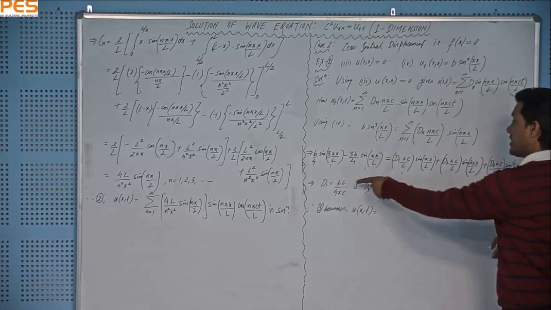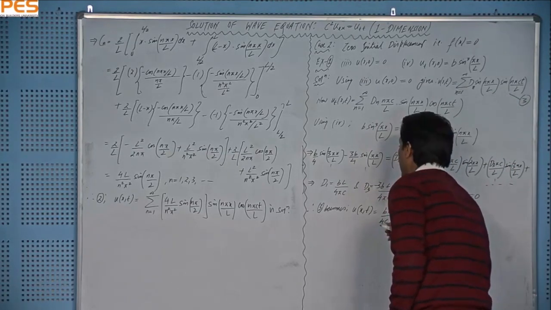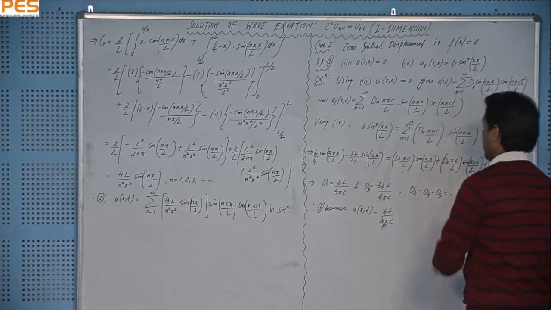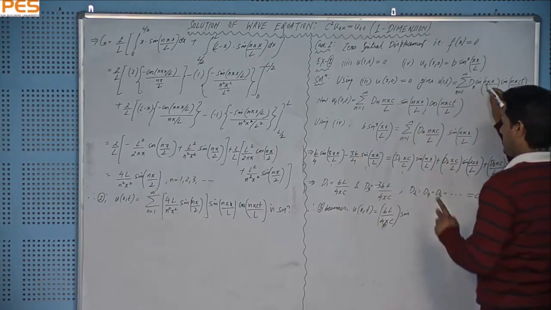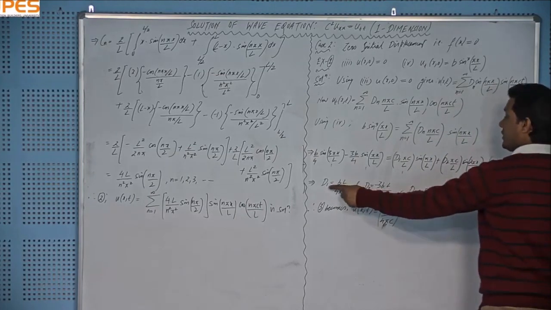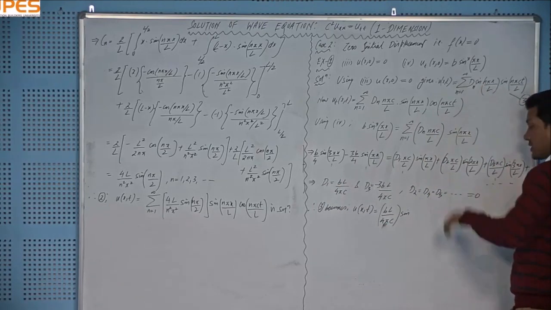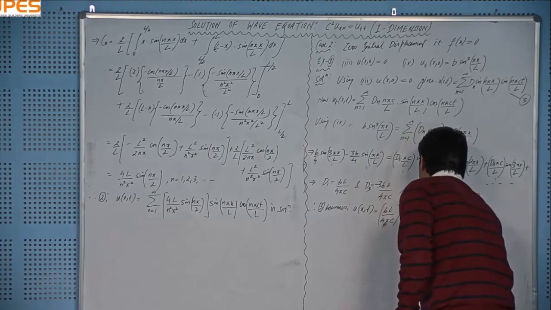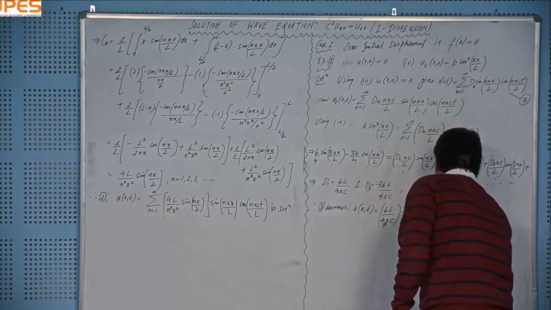The d1 is bL over 4 pi c, multiplied by sine of n, remember that this is d1, so n should be replaced by 1, sine pi x over L and sine pi c t over L.